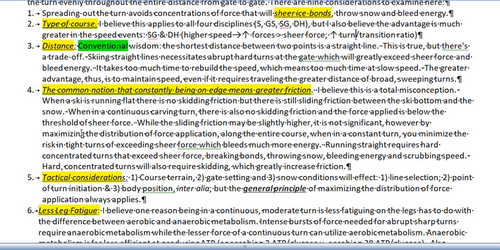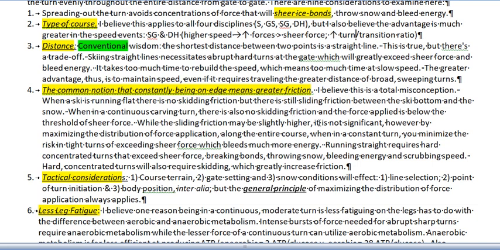Now, when you are in a continuous carving turn where you're not skidding, right, and you're staying below the threshold for shear force, there's also no skidding friction. Like, there's no skidding friction here. You're gripping, right? You're not skidding.